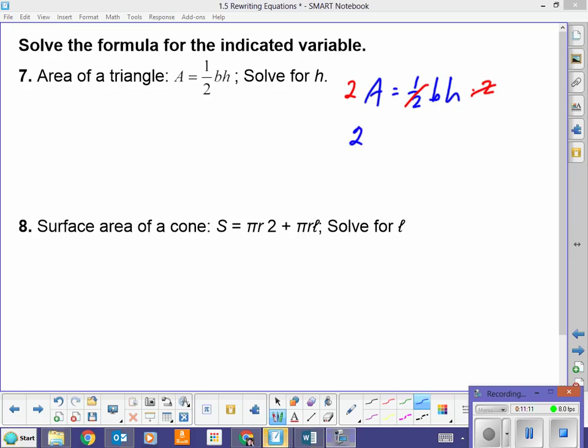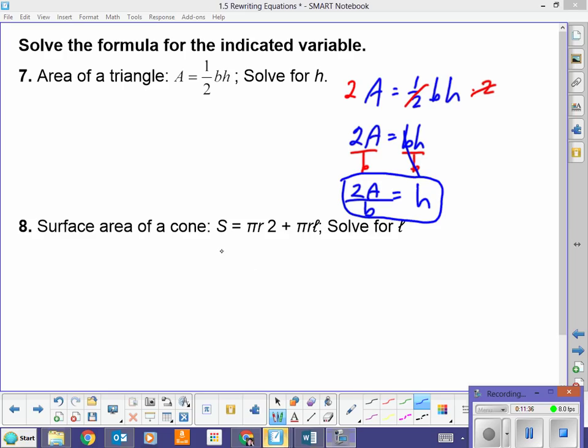So I have 2A equals b times h. Now to solve for h, I divide both sides by b. So these cancel, leaving h on the right and 2A divided by b on the left. And there's my formula for the height of a triangle given the area and the base.